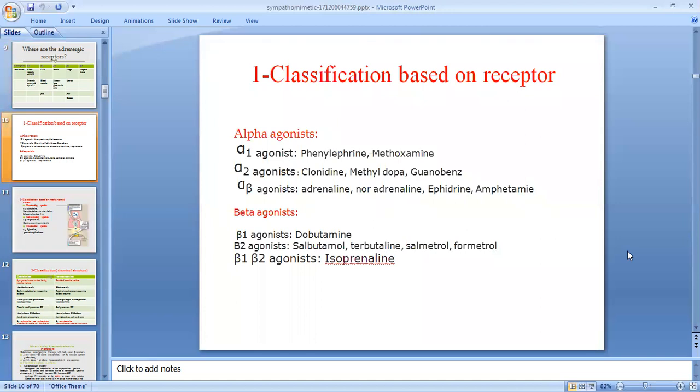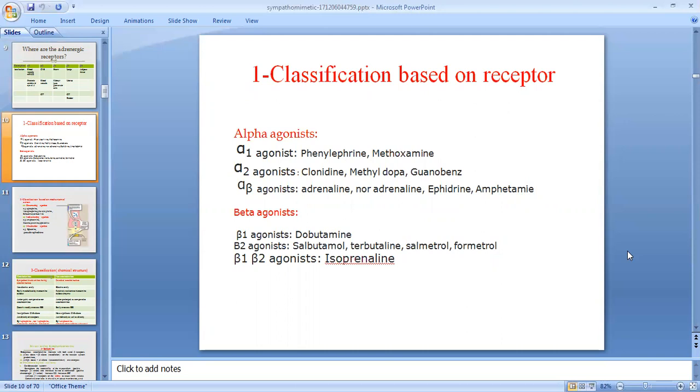Classification of sympathomimetic drugs. We classify them in three ways. First, classification based on receptors. These are alpha agonists. Alpha 1 agonists like phenylephrine and methoxamine.